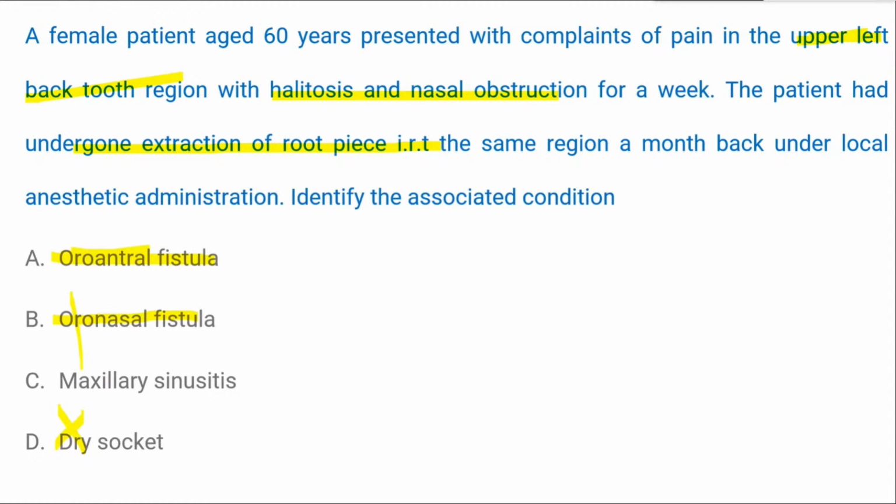In case of any fistula, there should be a trigger for communication between the oral cavity and the sinus or the nasal floor, whether it's oro-antral or oro-nasal fistula. If the question did not direct towards any of the communication types, you guys are right, the first predominant answer would be C, maxillary sinusitis.